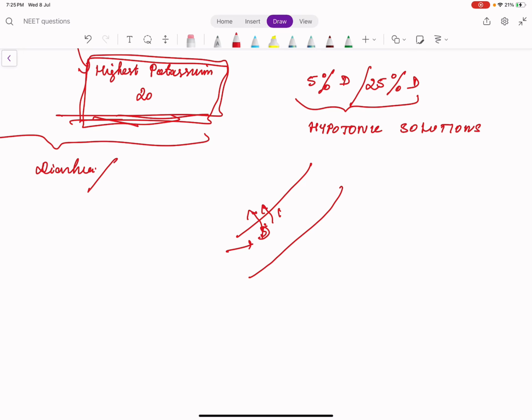So what actually remains is plain water. So it actually dilutes the plasma. 5% dextrose or 25% dextrose, even though they are good fluids for hypoglycemia management, when given in the blood, because the glucose enters into the cells, it actually leads to dilution or hypotonicity. So these are called hypotonic solutions.